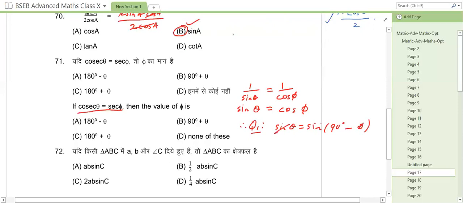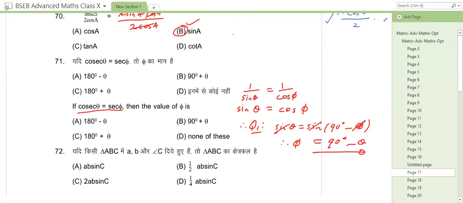You can drop off the sine, therefore phi is equal to 90 degrees minus theta. Yes, that is phi.